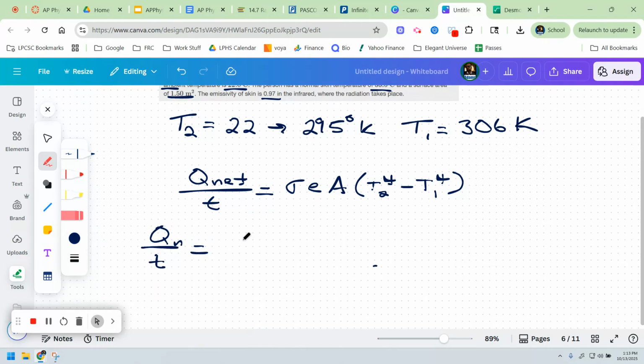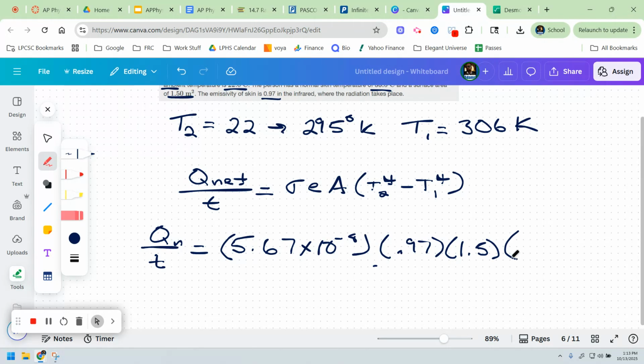And it gets glitchy. So this is just going to be the 5.6 times 10 to the negative 8, and I'm not going to write down the units because I don't have enough space. We were told that the emissivity of the skin was 0.97. We were told that the area was 1.5 meters squared, and then the temperatures were 295, raised to the 4th power, minus 306, raised to the 4th power.